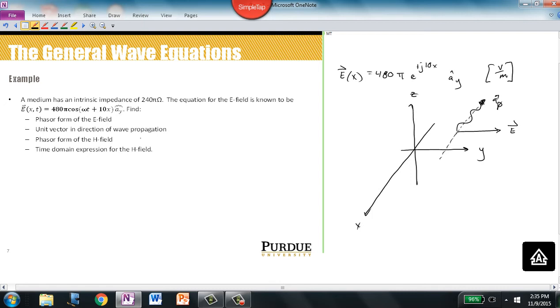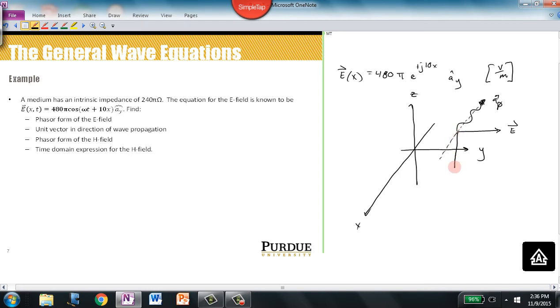And so in this case, what I would have to do is take my thumb and point it in the direction of the E field, and my middle finger and point that in the direction of a hat rho, and then my index finger will point in the direction of the magnetic field orientation, which is going to be in the minus z direction for this case.